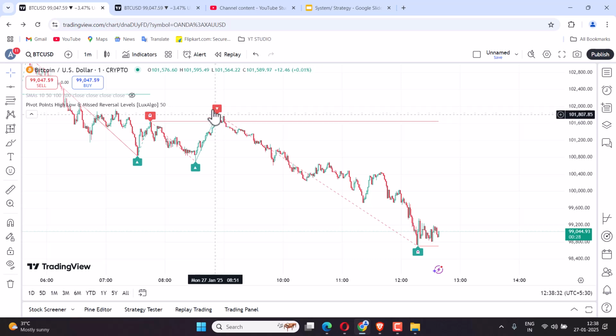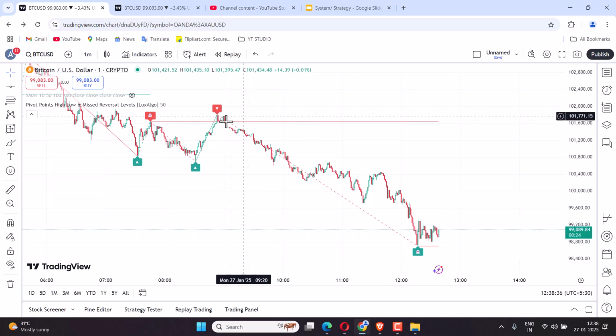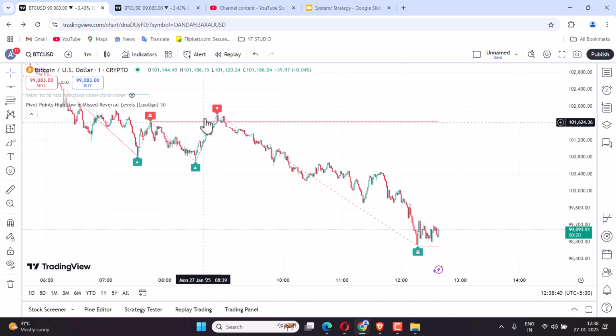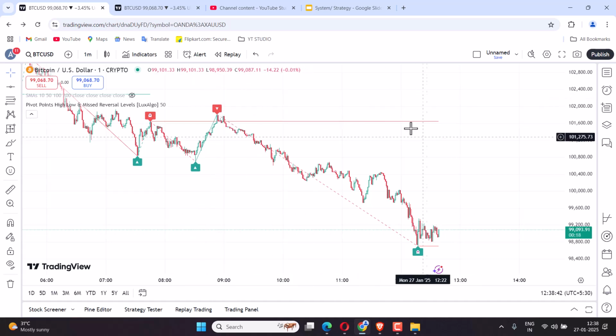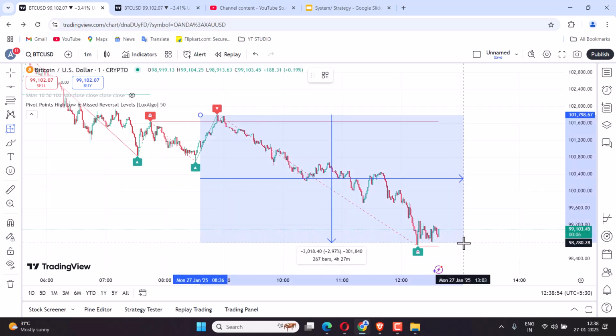Because the momentum is in favor of the downside, it is better to trade with the direction of the trend. And since this is a strong zone for your sell trade, this becomes a supply zone.